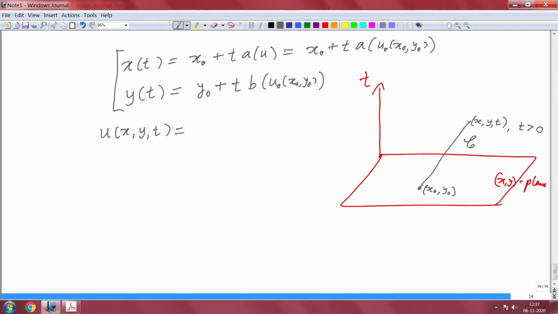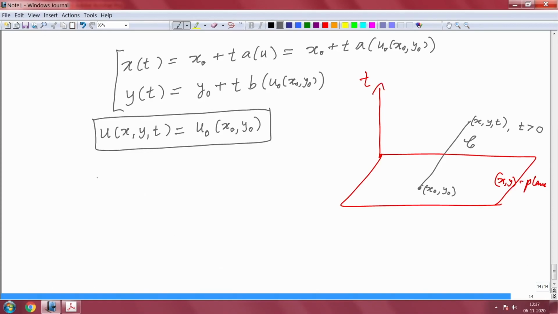Given this x y t, if this x 0 y 0 is unique, then we do get the solution, just like the Burger's equation in the one dimensional case.